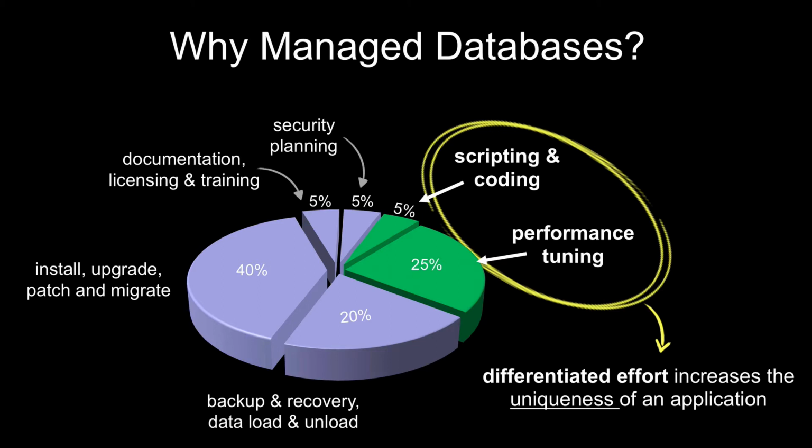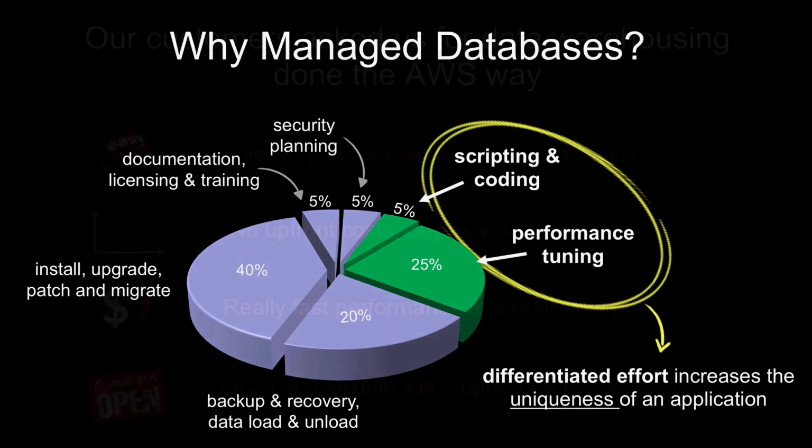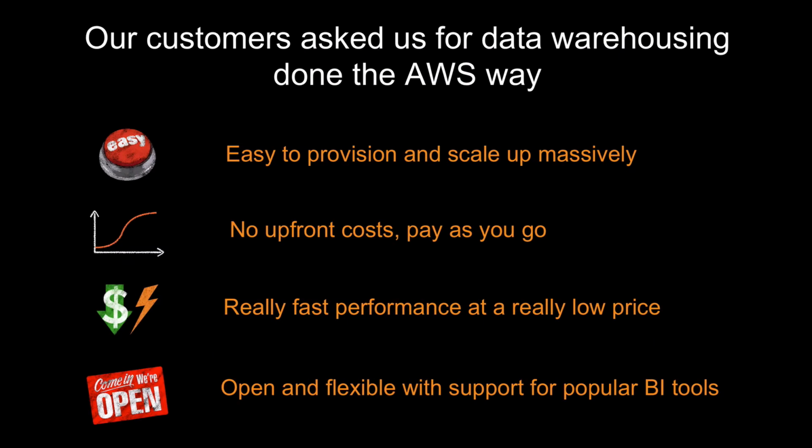We think that by using a managed database, you can stop doing a lot of stuff and refocus the effort that you might have spent dealing with that undifferentiated heavy lifting on things that are going to add more value to your organization. And customers were asking Amazon Web Services to deliver data warehousing in a way which is consistent with the other AWS services, so shares some of the characteristics of the other AWS services that we previously delivered.